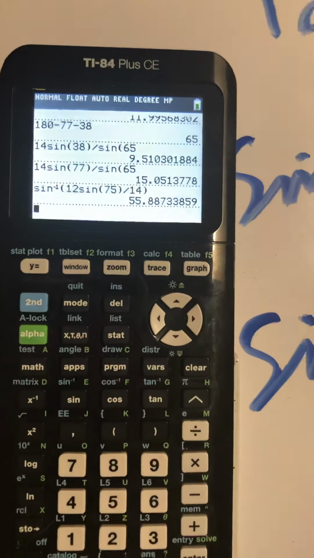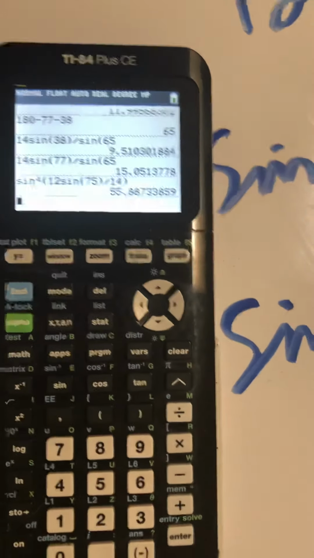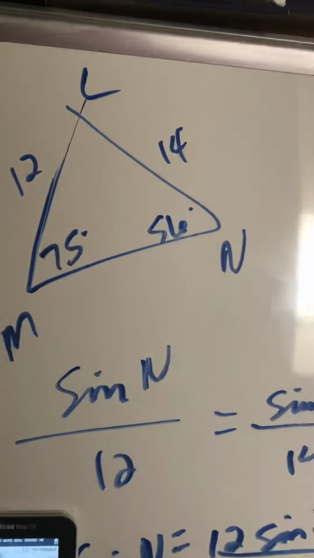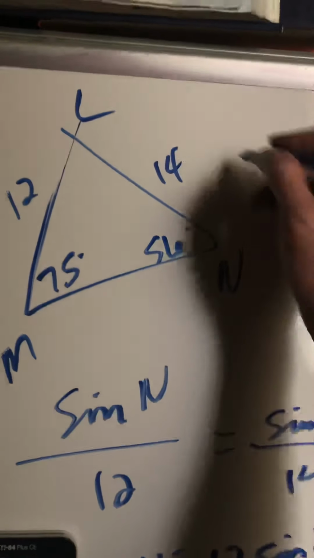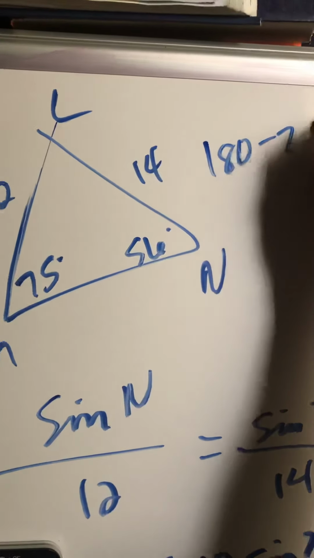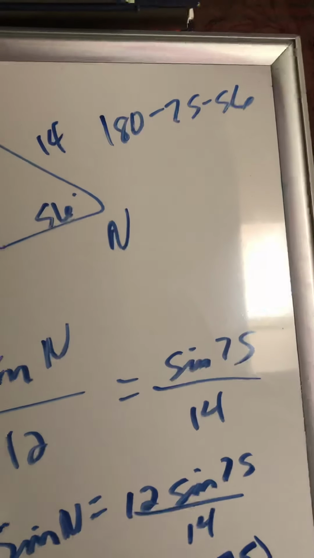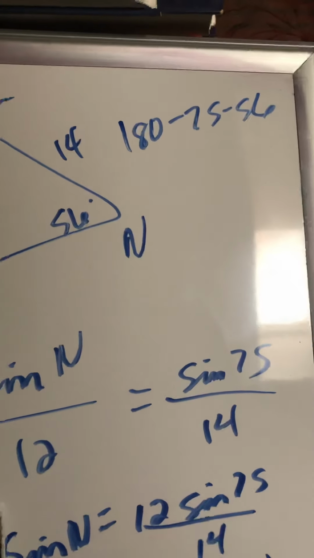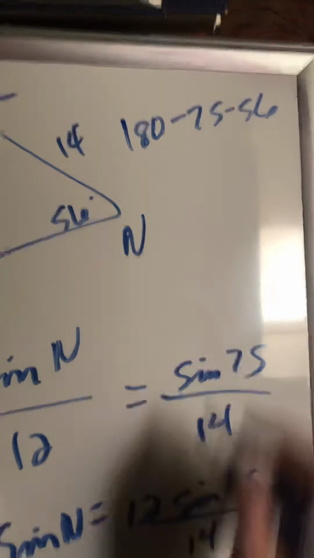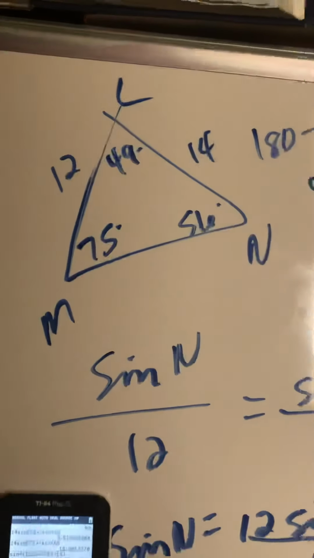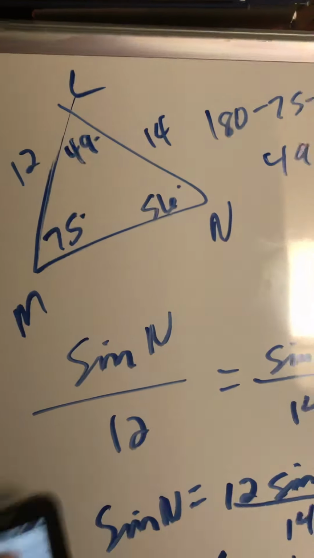It'd be about 56 because I want it to the nearest angle measure. So then 56, put it up here for N, that's 56. And then to find L, it's just 180 minus 75 minus 56. So 180 minus 75 minus 56 gives me 49. So I have the angles solved for.